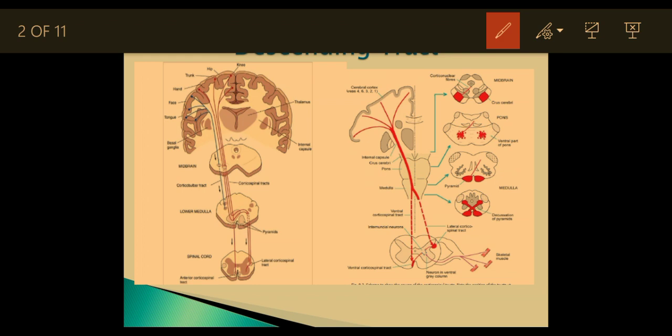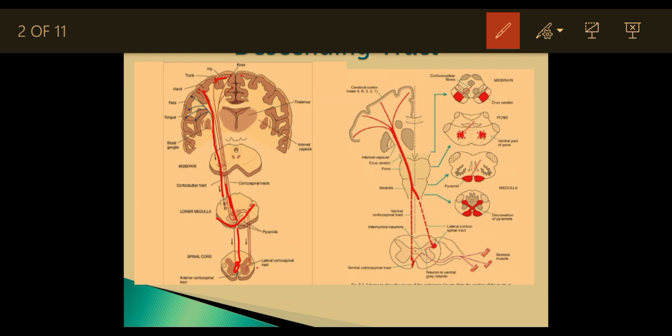So here we can see that the fibers which move downward, these tracts, primarily originate from the upper motor neuron present in the higher center, and eventually end in the spinal segment, in the anterior horn of the gray matter nuclei.